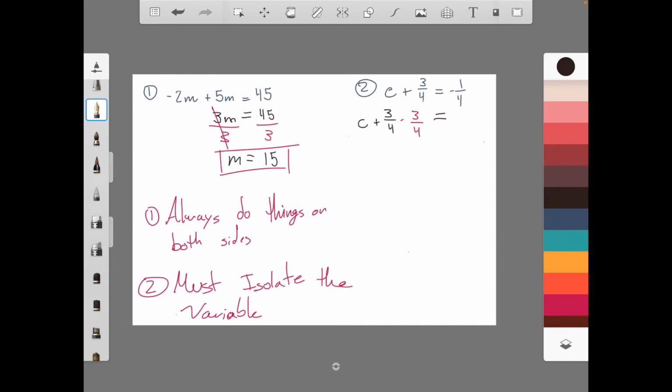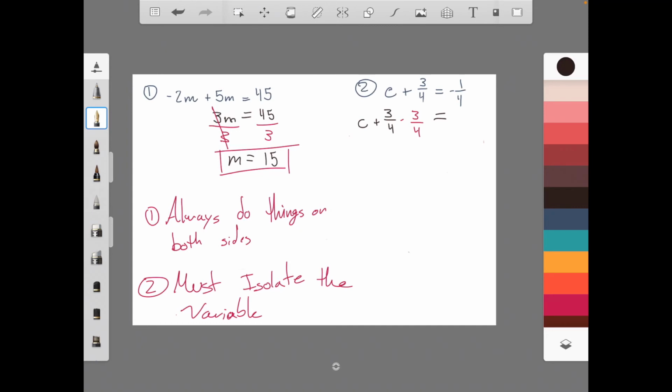In order to do that, since it's adding, we have to subtract now. Okay, and remember our first rule, always do things on both sides. Now it's time to put that into practice.